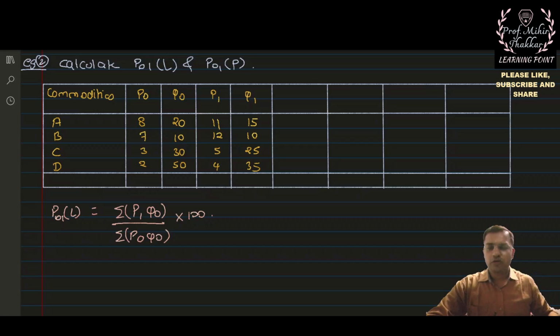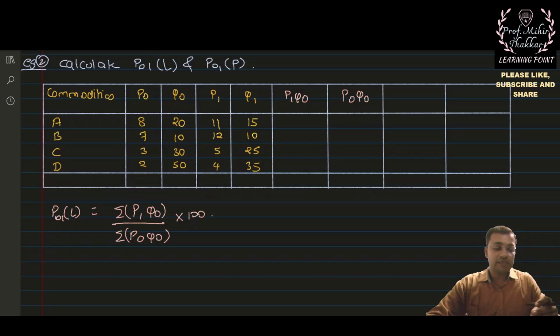So now when I want to calculate the numerator P1 into Q0, I make a column P1 into Q0. For the denominator, I make the column P0 into Q0. Now see guys, it does not matter in which order you are making the columns, whether you write P1 Q0 first and then P0 Q0, or you write P0 Q0 first and then you write P1 Q0.